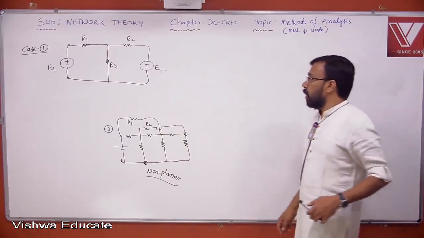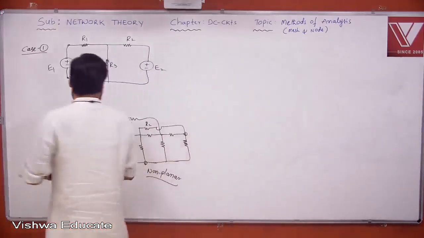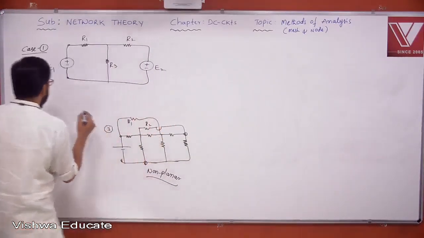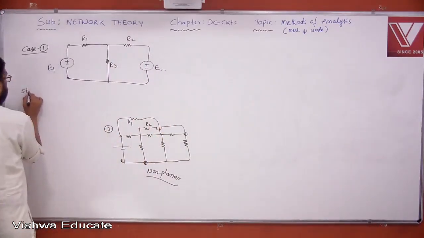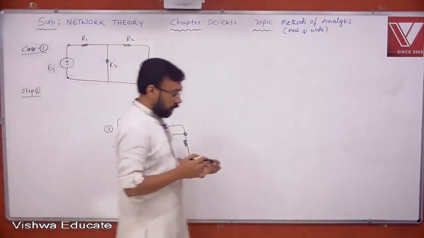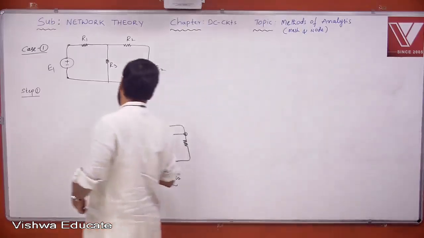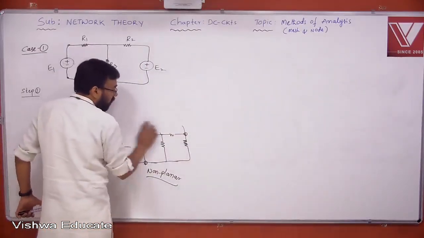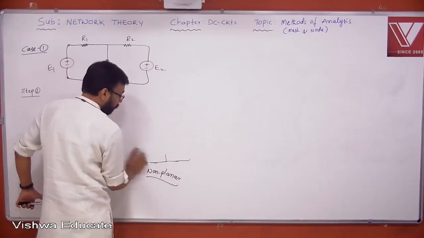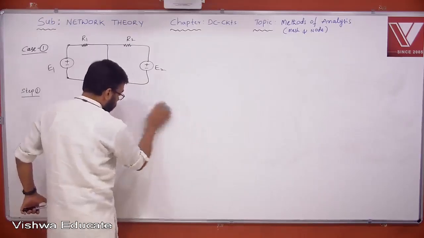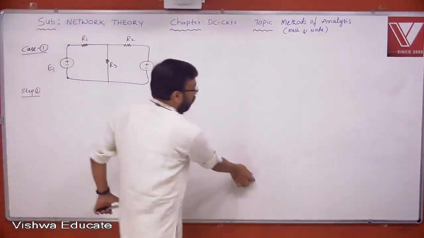Now, look at this, all of you. Let us look at step by step procedure. Step 1, step 2, step 3 procedure. Okay. Now, how to apply mesh analysis to a given network. Let me discuss each and every point here so that there is no confusion at all. Okay.